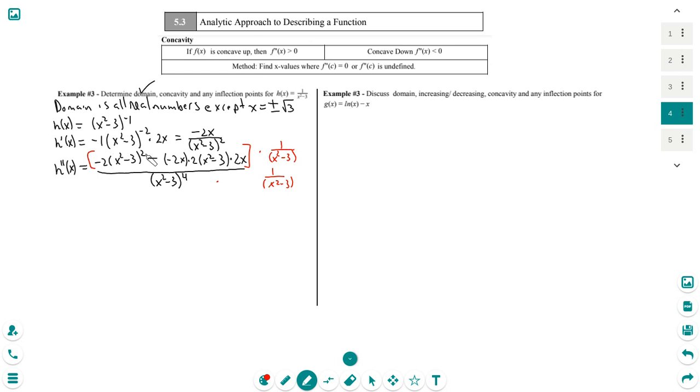What effectively that does is it cancels one of these factors for each of the terms. So this factor gets reduced to the first power. This factor gets reduced to the 0 power, so in other words, it's just gone. Multiplying by 1 over x squared minus 3, this is just gone. And the denominator multiplied by this leaves me with this to the third power. So I reduced all of those down.